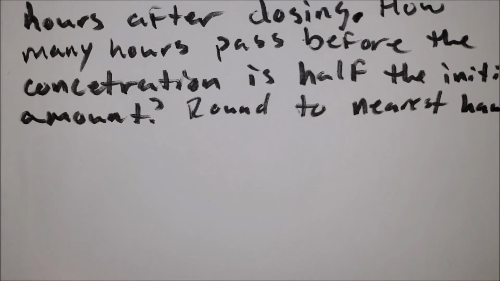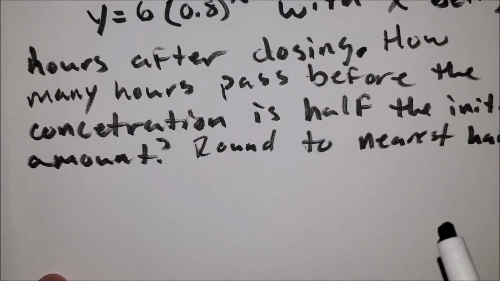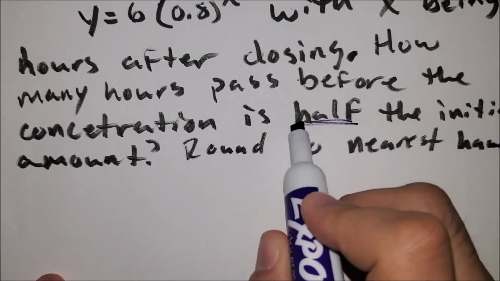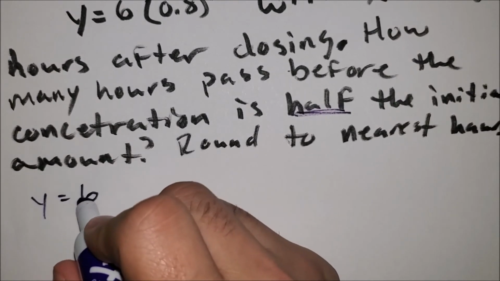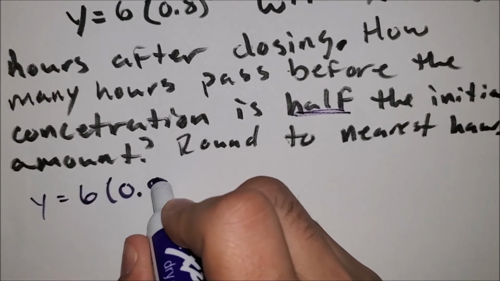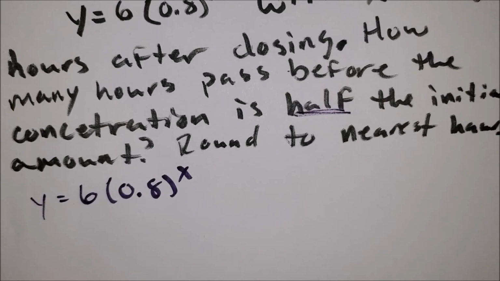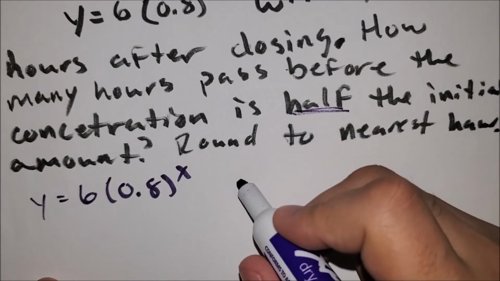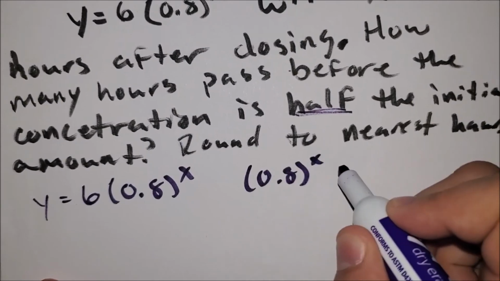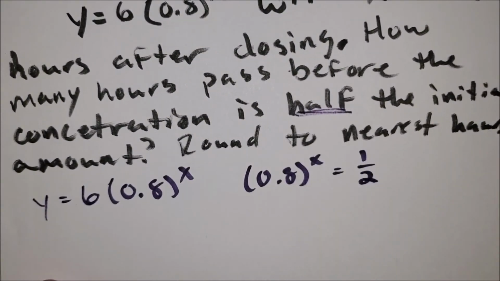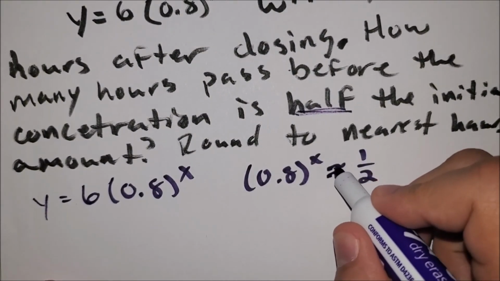So similar to what we did before, we're looking for half. So all we need, even though we have this original equation, is when 0.8 to the x equals 1/2, approximately.